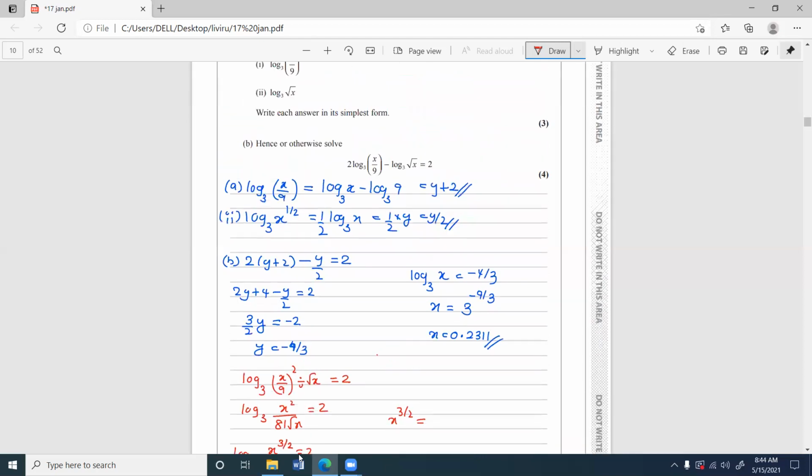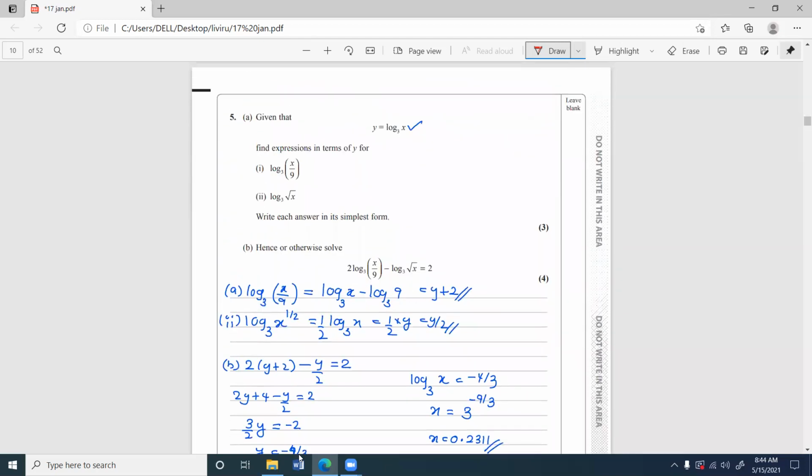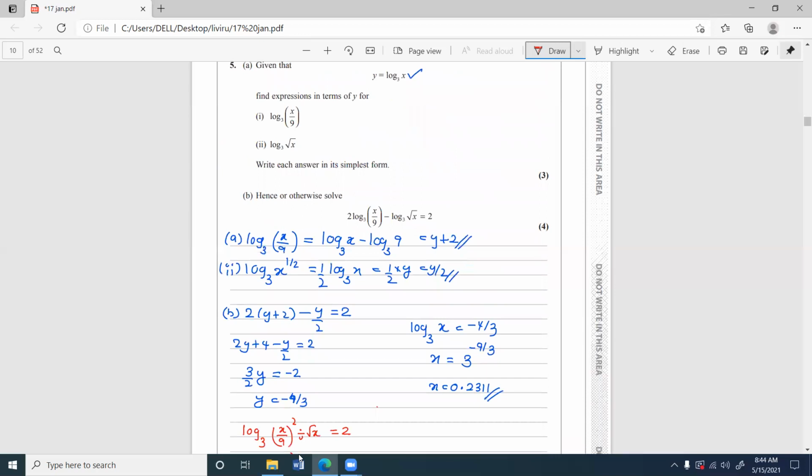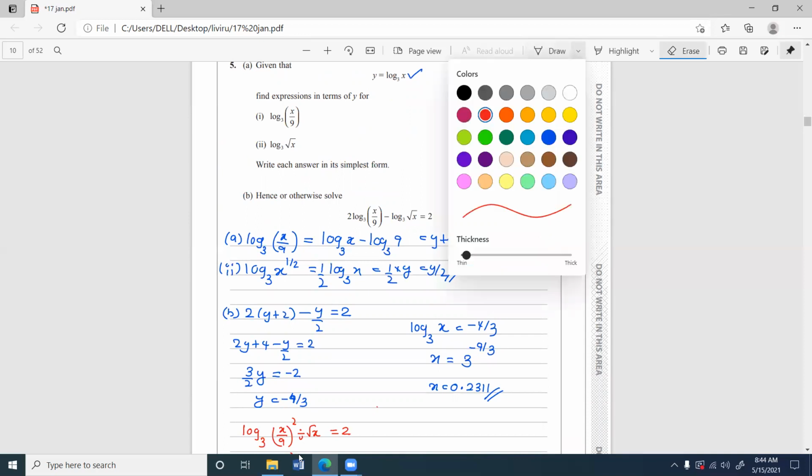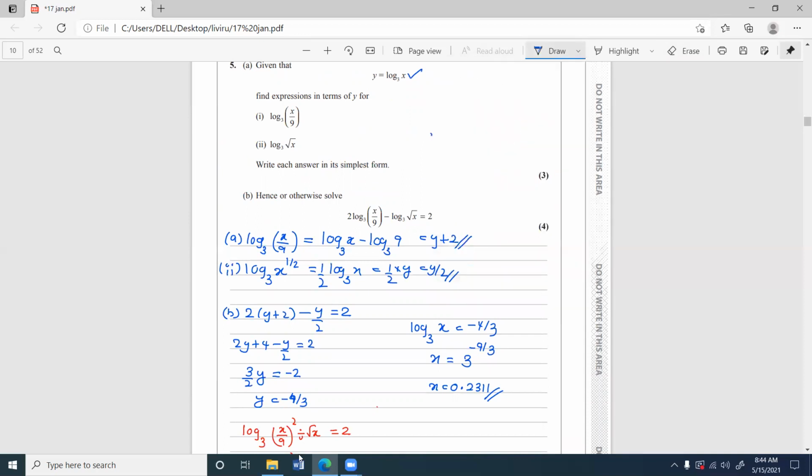Let me see. Log x over 9 is x minus, this is minus 2, but that's a problem I came across. Yeah, so we have to do some correction here. It's not plus 2, it should be minus 2. Then over here, this is minus 2.